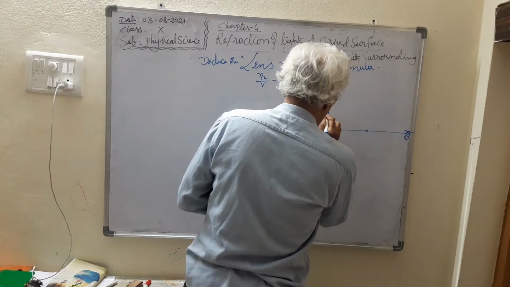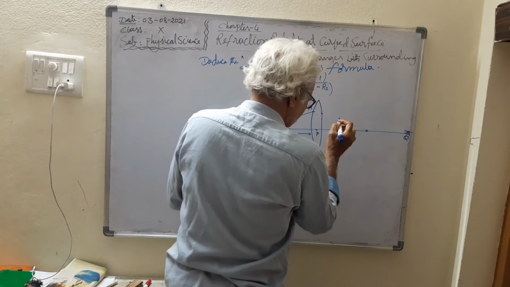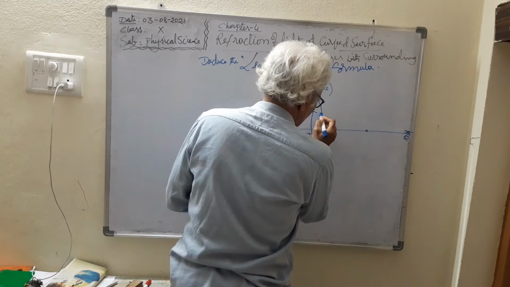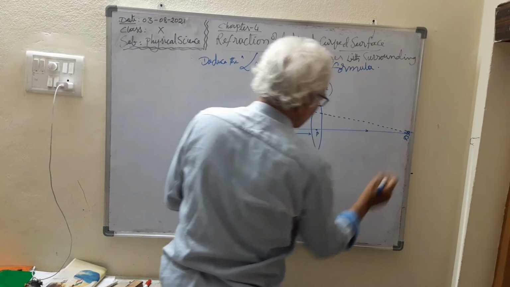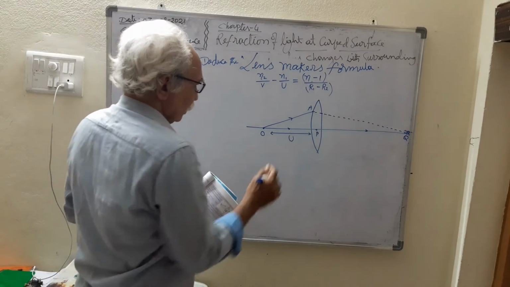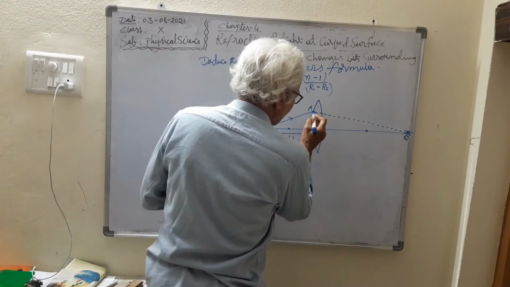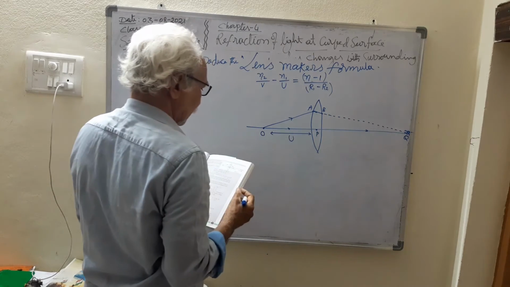Q is the expected image. But what happened here? The light ray touches the B surface, the second surface of the lens.